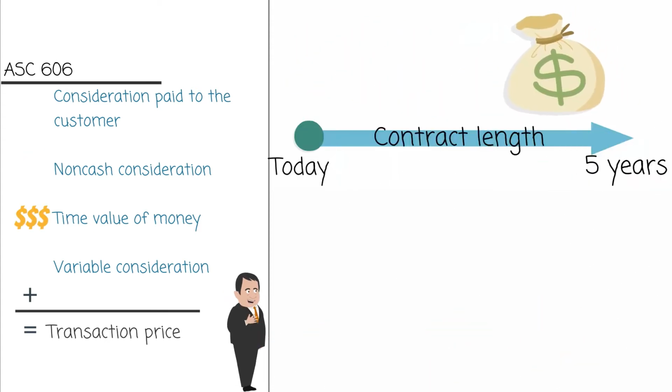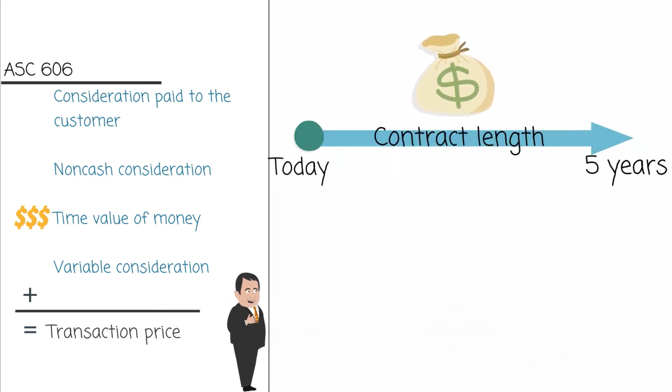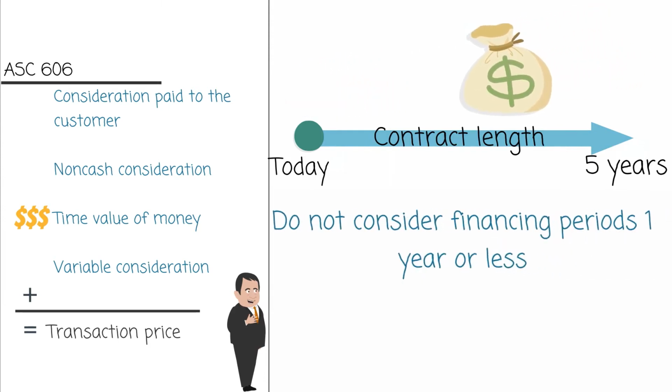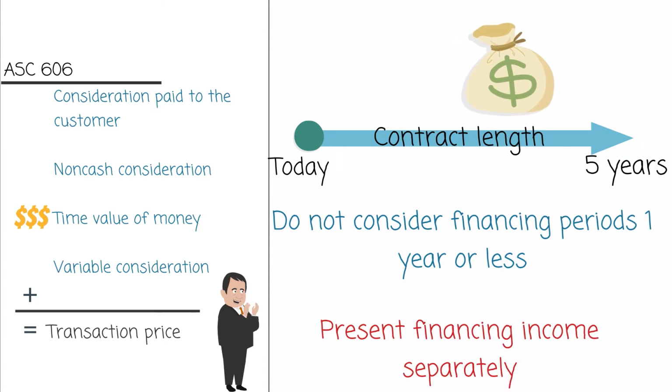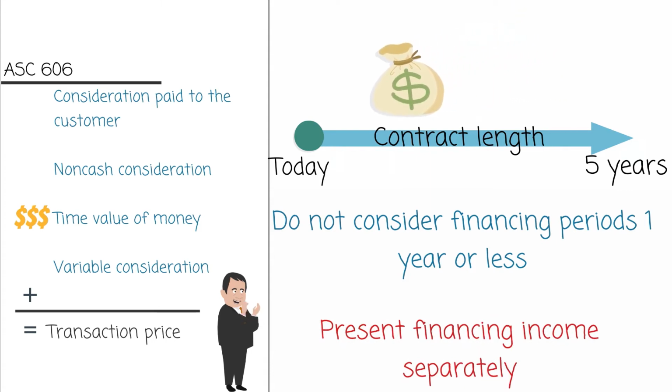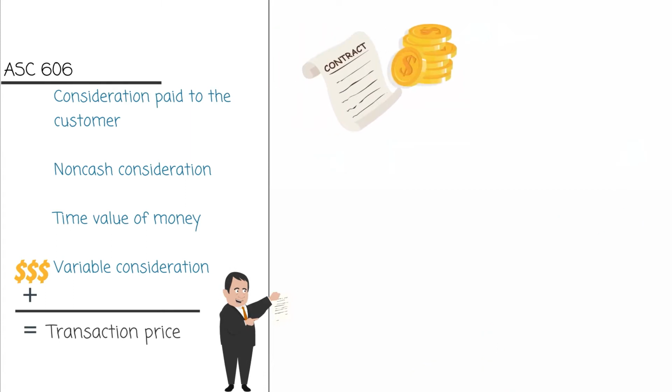The transaction price reflects the time value of money only if there is a significant financing element between the entity and the customer for the purchase. As a practical expedient, entities do not need to consider financing periods that are 1 year or less. Income from financing should be presented separately from the other consideration received from the customer.